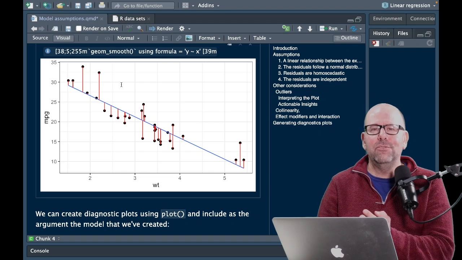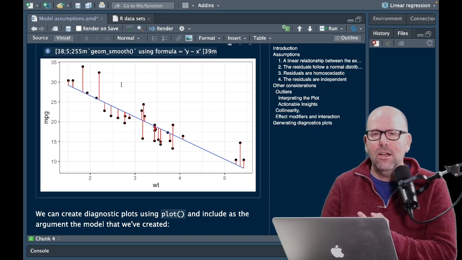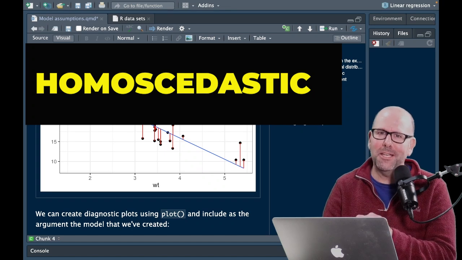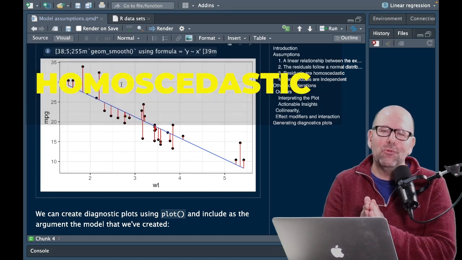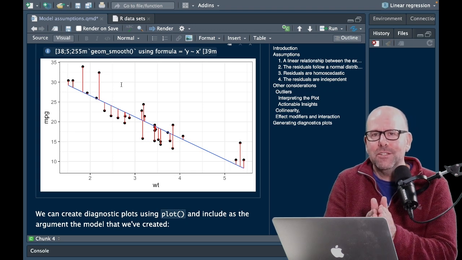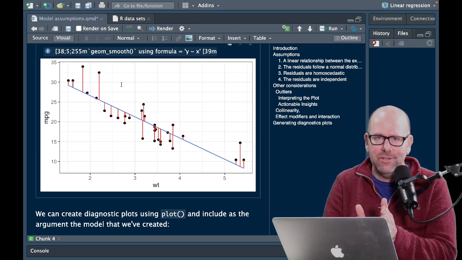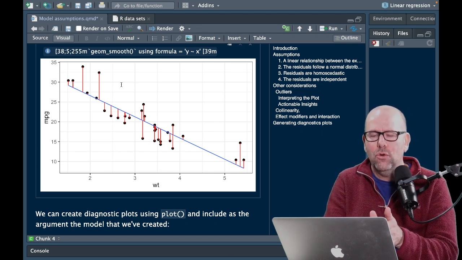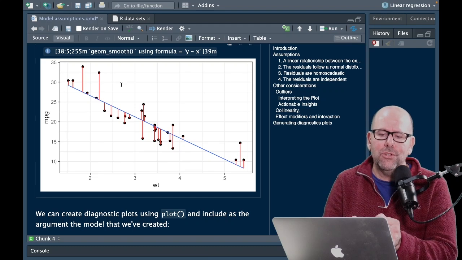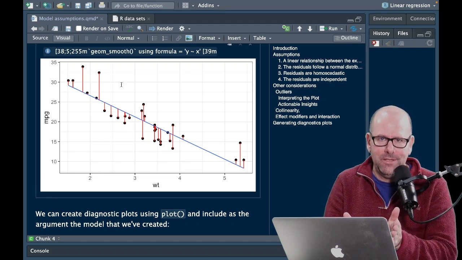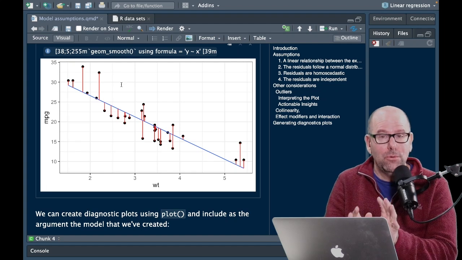Then there's an idea that the residuals need to be homoscedastic. Okay, homoscedastic. What that means is that the variance of the residuals is spread evenly across all of the fitted values. In other words, there's no pattern to it. Okay, and that's important, right?